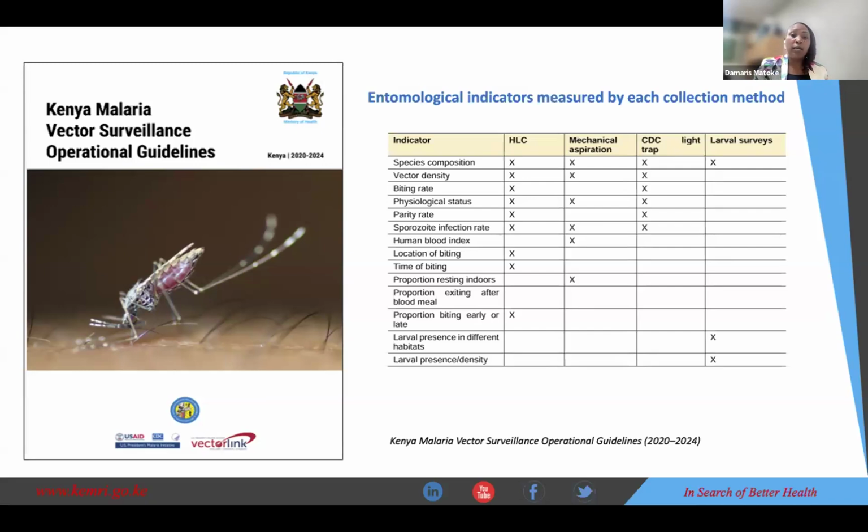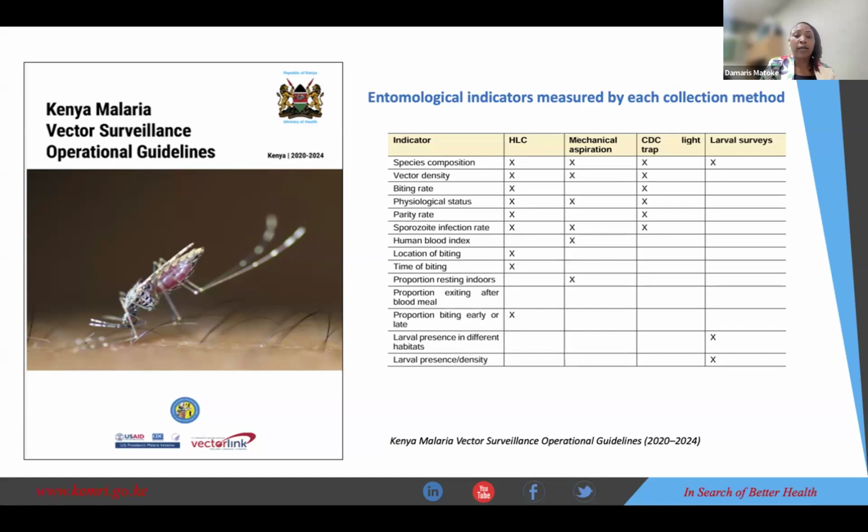There's the HLC, then mechanical aspiration, the use of CDC light traps, and we also do larval surveys. When we use these tools, we're able to monitor the parameters marked with an X on the left: species composition, vector densities, biting rates, physiological status, parity rates, sporozoite infection rates, human blood index, and location of biting.